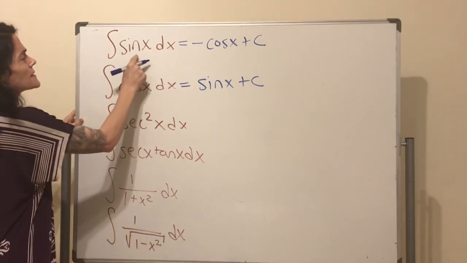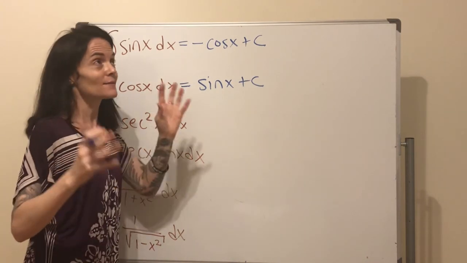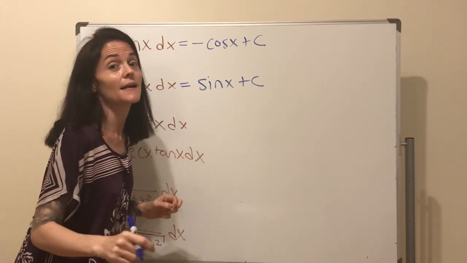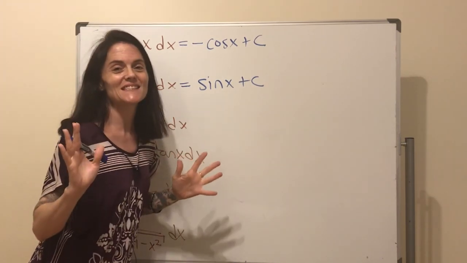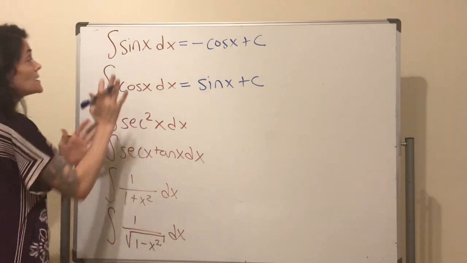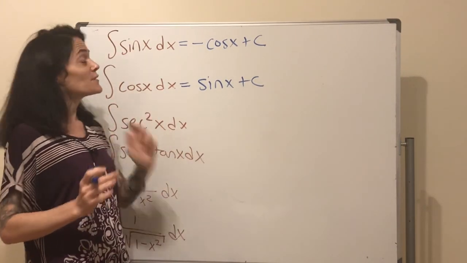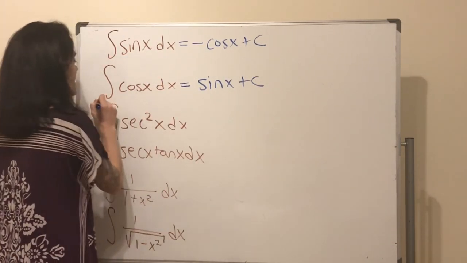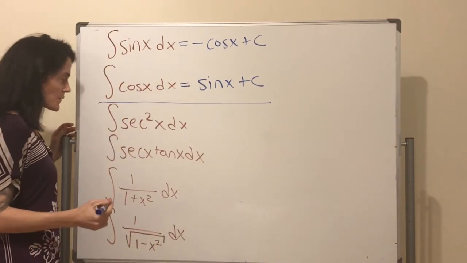And I would say these two are ones that people mess up or confuse the sign, because it's sort of the reverse of what you see when you're differentiating. So the integral of sine, negative cosine. The integral of cosine is positive sine. Okay, these two are probably two of the most important on the board.